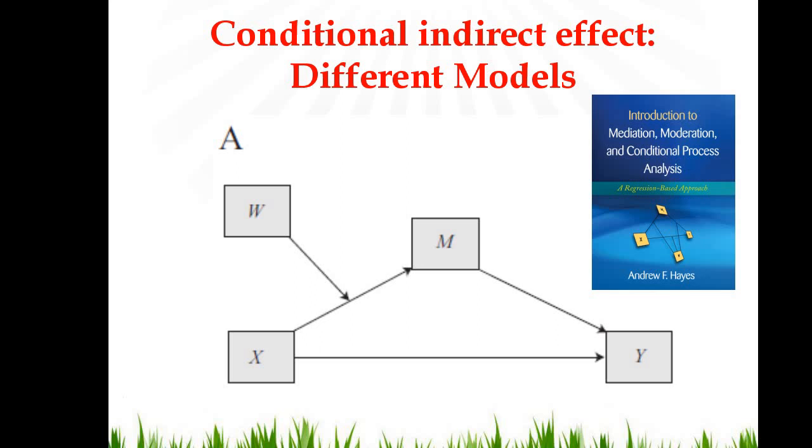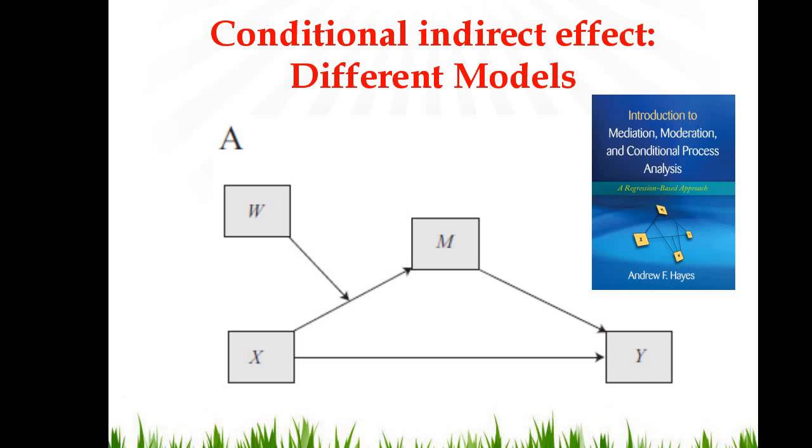How many types of models involve the conditional indirect effect? There are many. Hayes, in his book, Introduction to Mediation, Moderation, and Conditional Process Analysis, discussed 5 models where conditional indirect effect is involved.